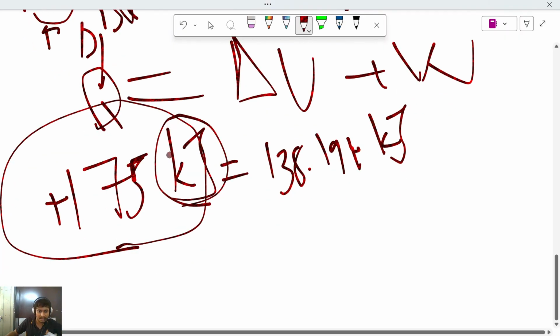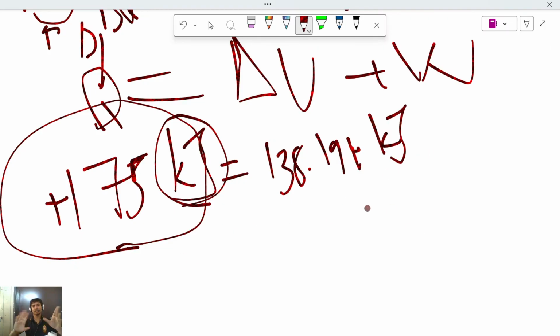We have to consider the kilojoule also, because we must substitute in the same unit. If we substitute joule here, it must be joule here. If we substitute joule and kilojoule together, the answer will be wrong.